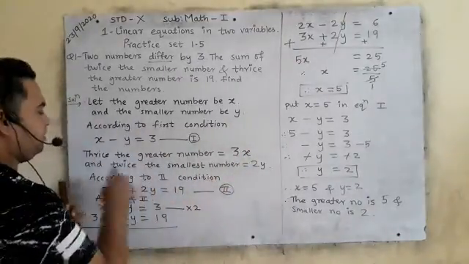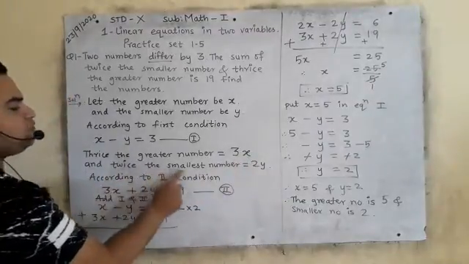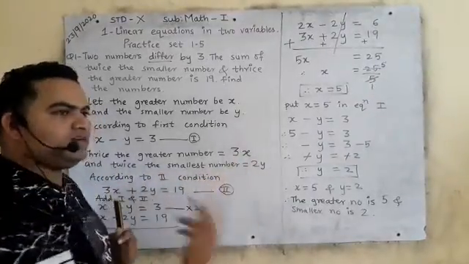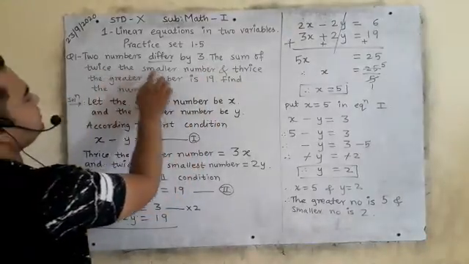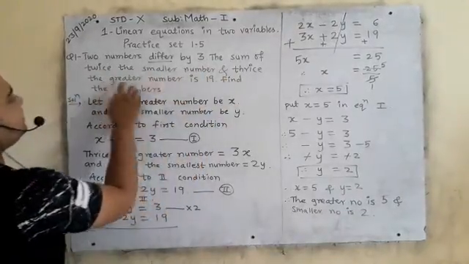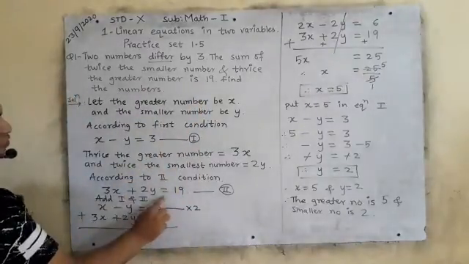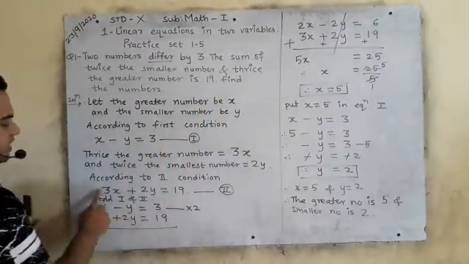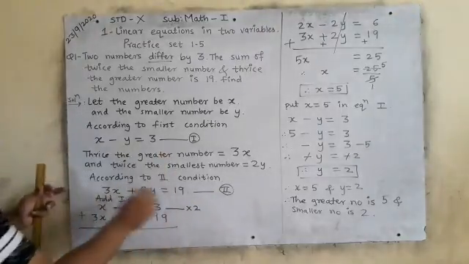Thrice means triple. So the sum of twice the smaller number and thrice the greater number is equal to 19. 3x plus 2y is 19. This is the second equation.